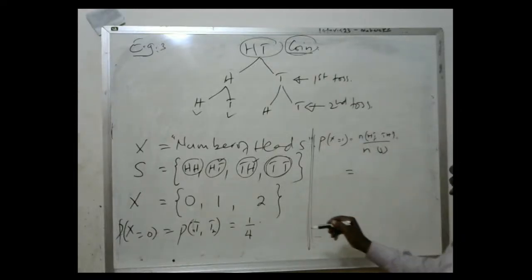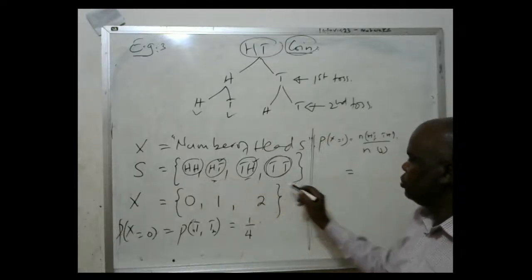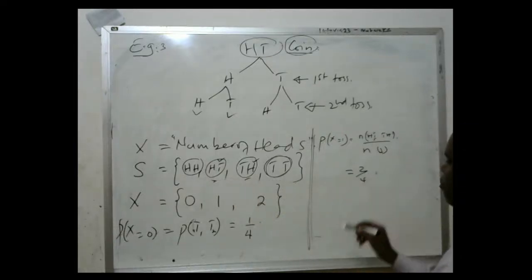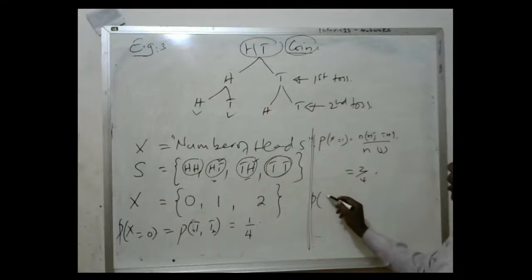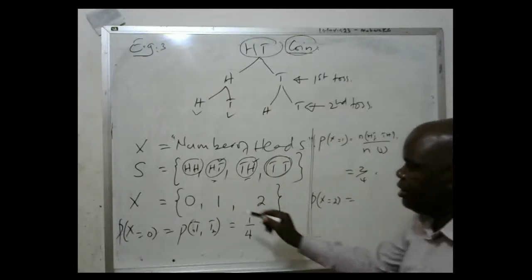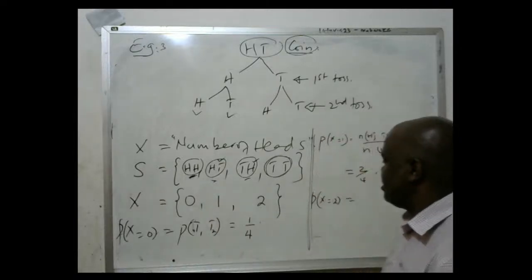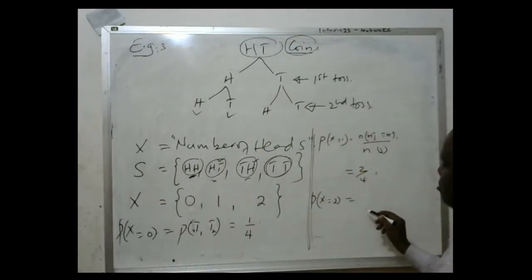How many are they? These ones are 2. So 2 out of 4. Then the possibility of having 2 heads. This is only having a head first, then a head also second. So that's 1 out of 4.